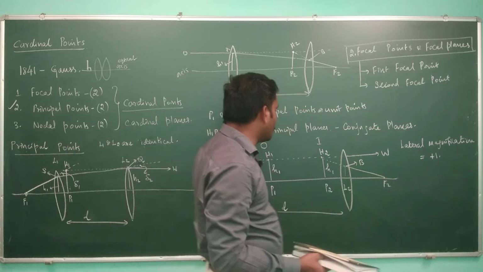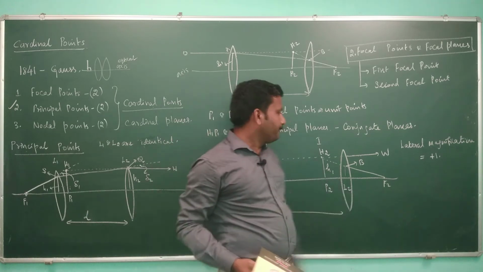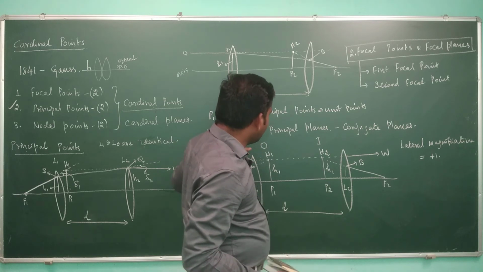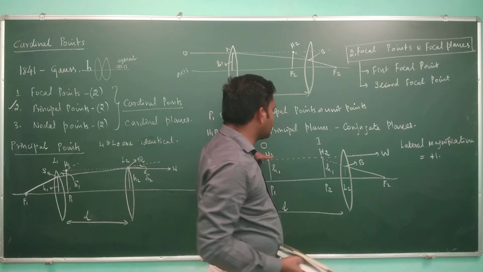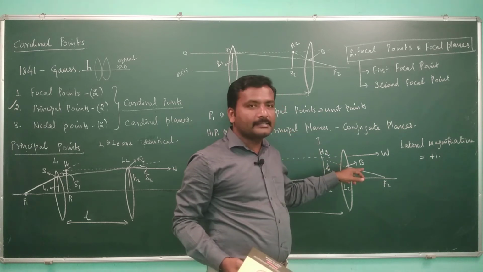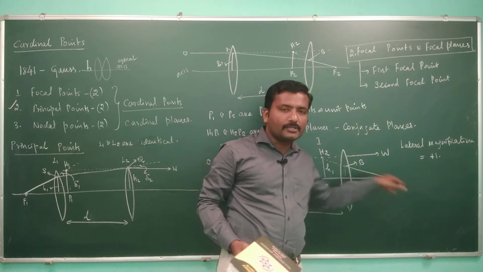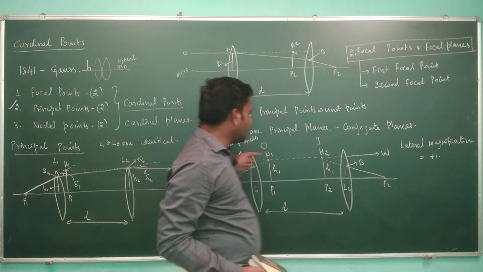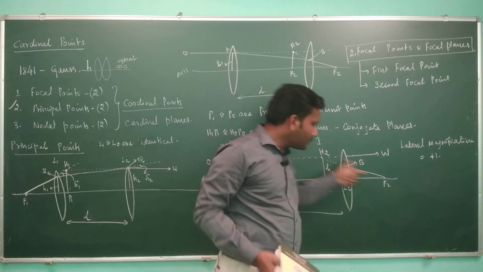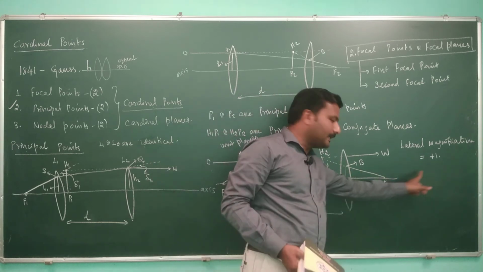Now, the second focal point is a point such that if a light ray travels parallel to the optical axis and is refracted in a lens system, then after refraction it will pass through it. A parallel beam of light after refraction in a lens system will pass through a point at the optical axis.